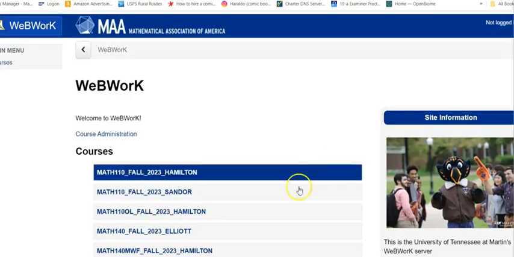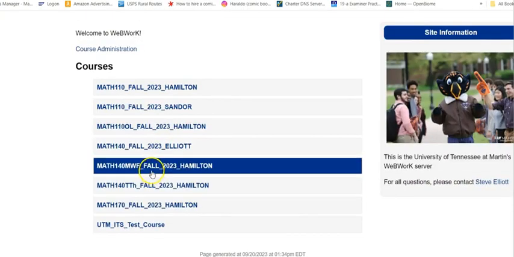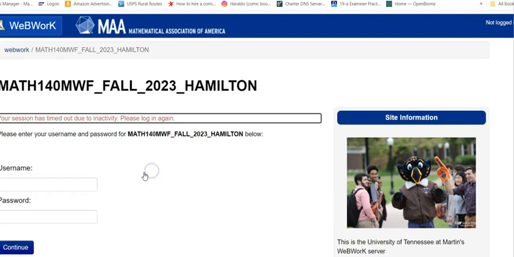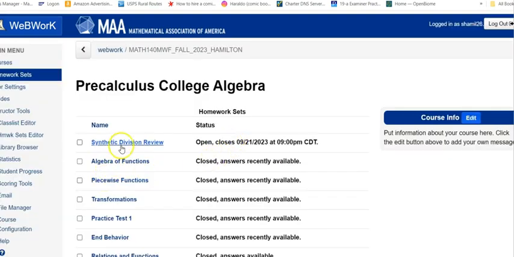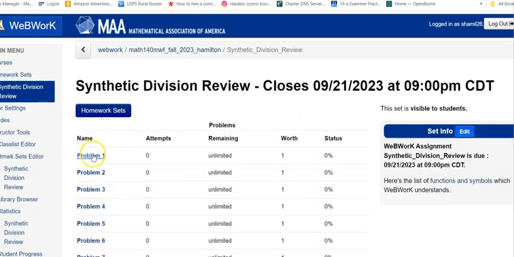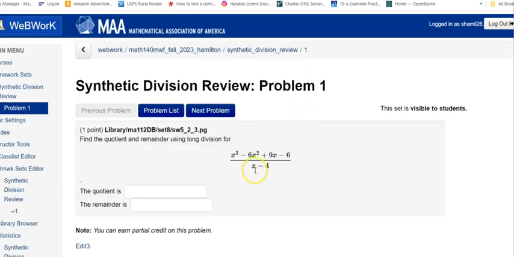Let me come here to web work. So if we come to synthetic division review, problem number 1. Well, you're dividing by x minus 4, so 4 is going to go in the box.